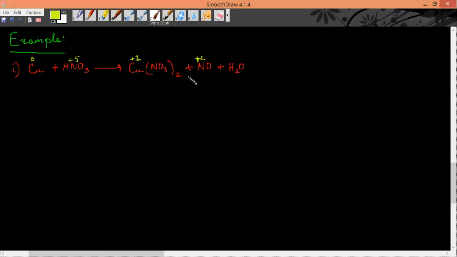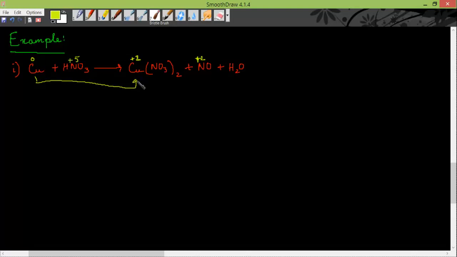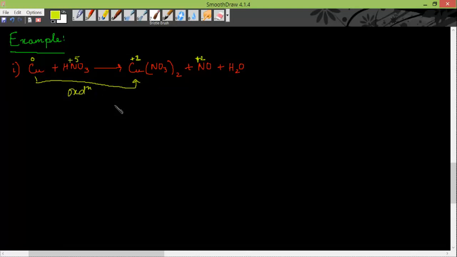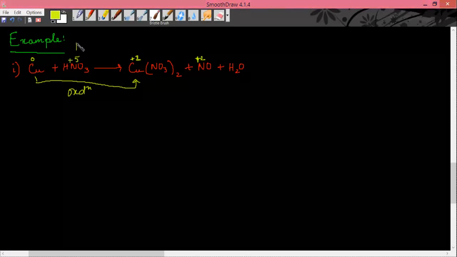Now we have to find the oxidation and reduction processes. It is clear that copper goes from 0 to plus 2, so it is an oxidation process. And nitrogen goes from plus 5 to plus 2, which is a decrease in oxidation number, so this is a reduction process.